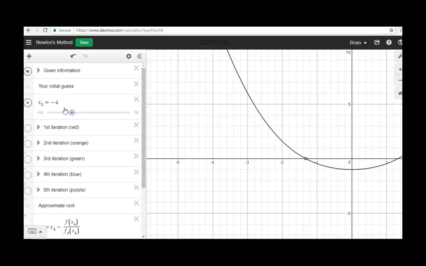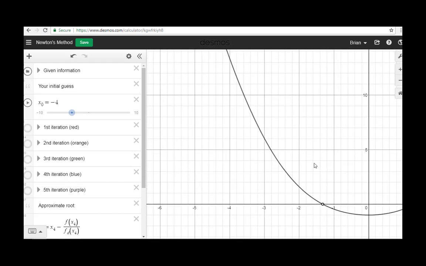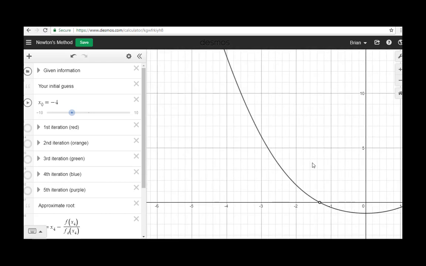These are the roots of the equation. Now what we need initially is a first guess, right? So we would guess close by. Like I might pick negative 2, and that will eventually lead me to that x-intercept. Now for the purposes of this illustration, I'm going to pick negative 4 just so we can see multiple steps here.